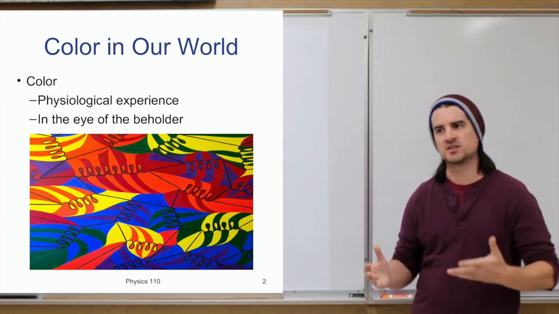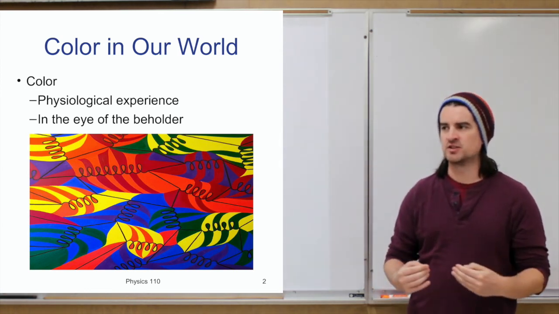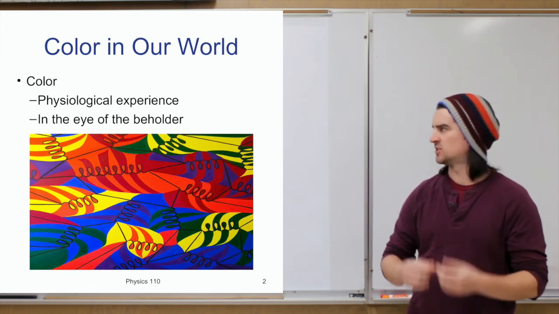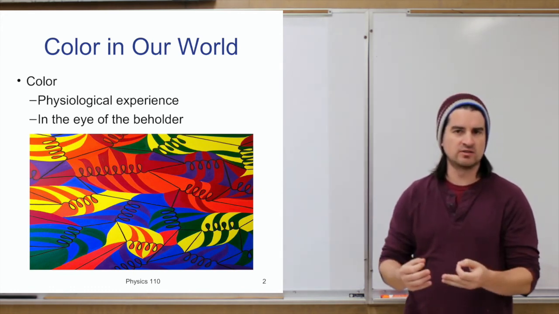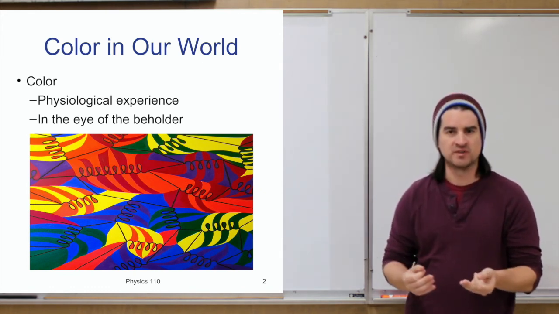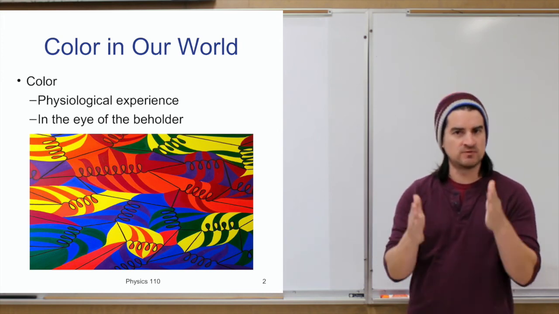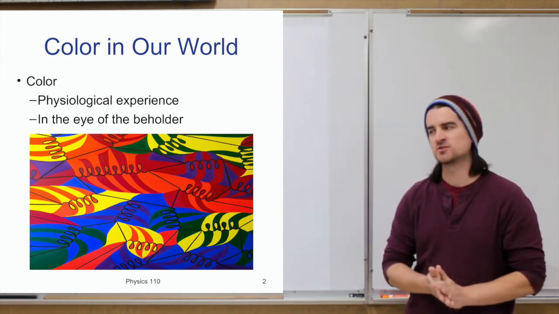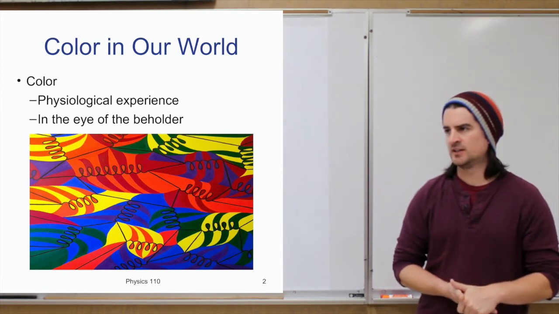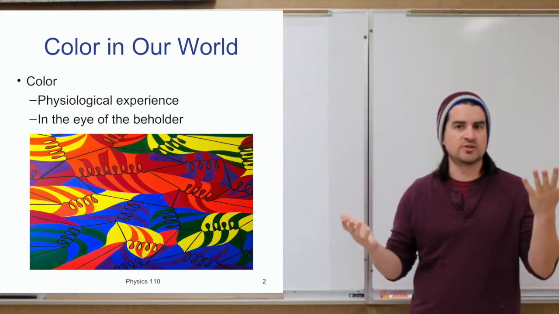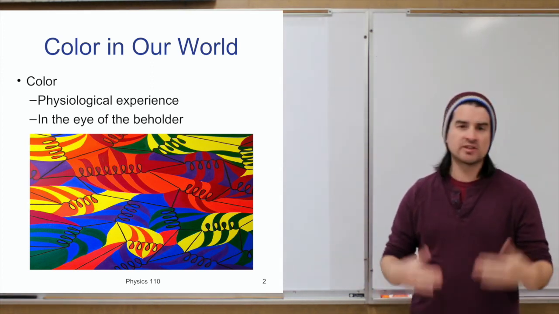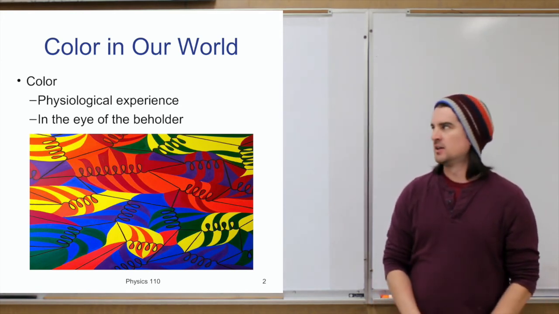From a physical perspective, color is literally just a certain wavelength, say red is just a certain wavelength within the visible range of the electromagnetic spectrum, somewhere around 400 nanometers. So that's the physical explanation.